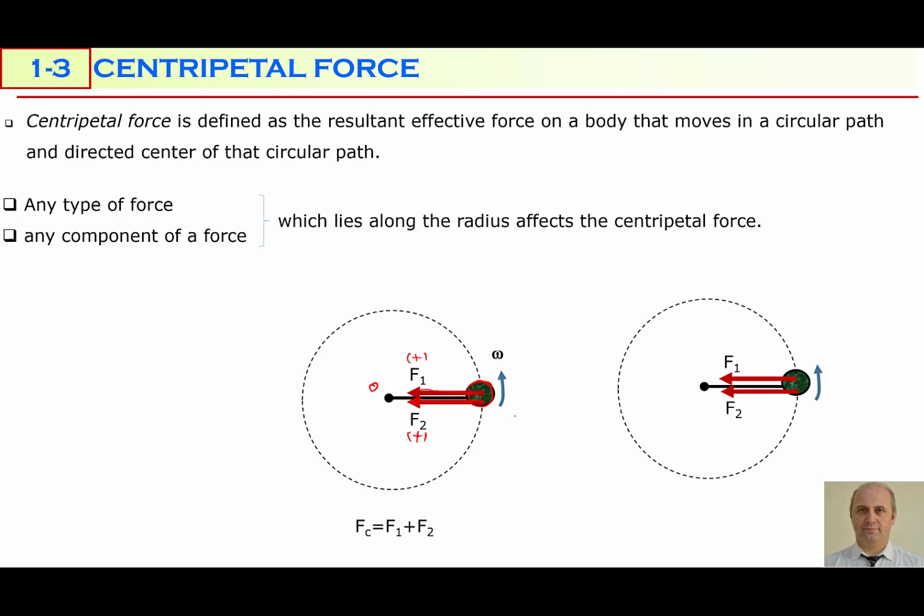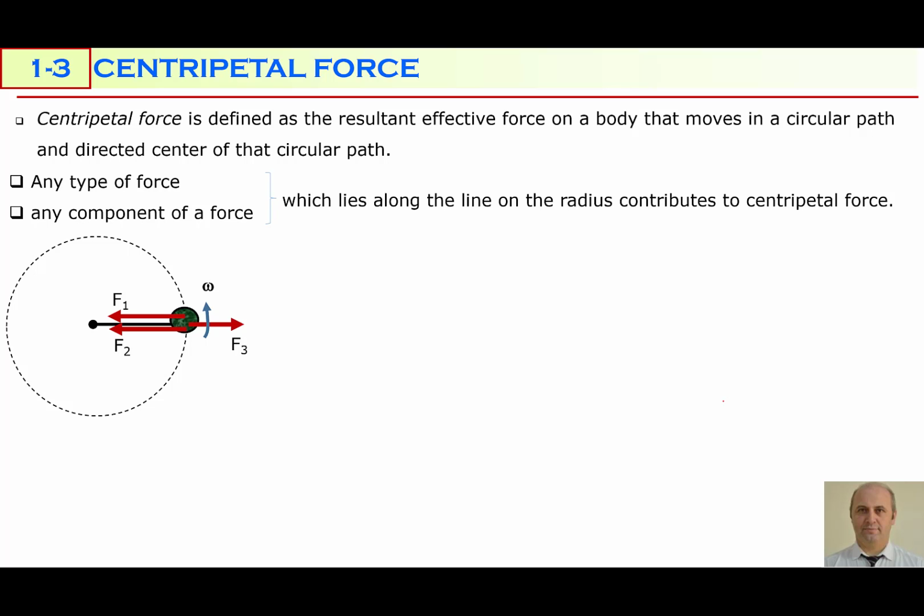But what if one of the forces is away from the center, just like this one? In this case, F3 will affect the centripetal force in a negative way. F1 is positive towards the center, F2 is positive towards the center, but F3 is away from the center, so negative. In this case, the resultant force will be calculated by F1 plus F2 minus F3.